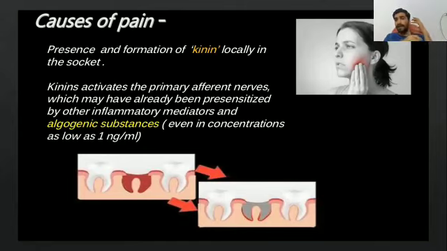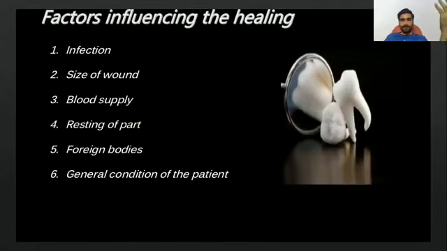Meaning the nerves around your extraction site are going to be affected by these kinins, and these nerves might be pre-sensitized by other inflammatory mediators also. It is not necessary that it is only due to kinins, but after extraction these nerves are already pre-sensitized, and then kinins act again and cause pain.